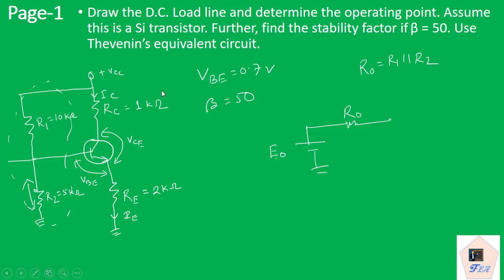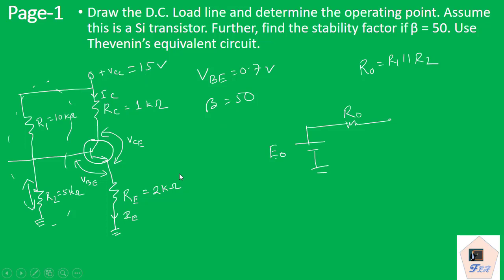If it is not given, then we can consider any value. For this purpose, let us consider it as 15 volt. If it is not given, we are free to consider any value, 10, 15, 12, whatever value we want we can take. Generally 12 or 15 volt are considered. So here I have chosen 15 volt.